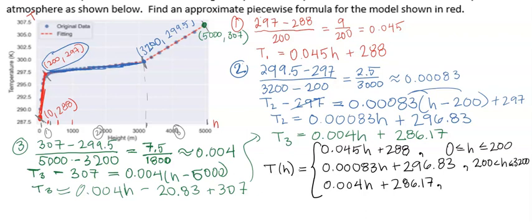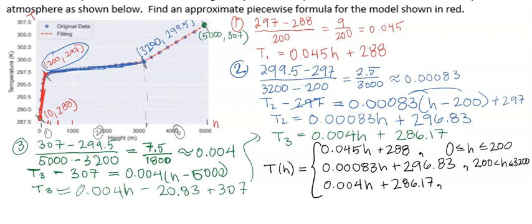You could flip-flop that. It doesn't matter. What does matter is that you shouldn't include 200 for both, because then you don't know which equation to use. And if you exclude 200 for both, then technically you aren't supposed to use any of the pieces. So pick one, it doesn't really matter which.